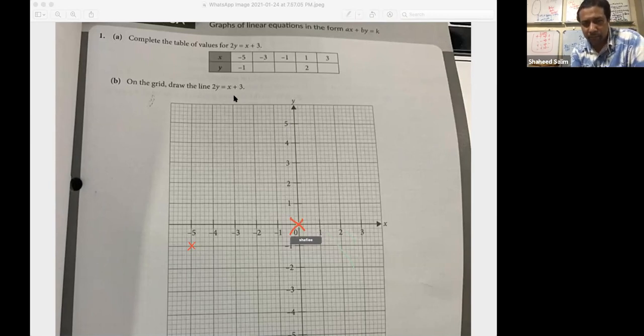Okay, let us see. X is 0. Where is x is 0? No, there's no 0. Try again. X is -3. Down here, -3. Then y is how many?